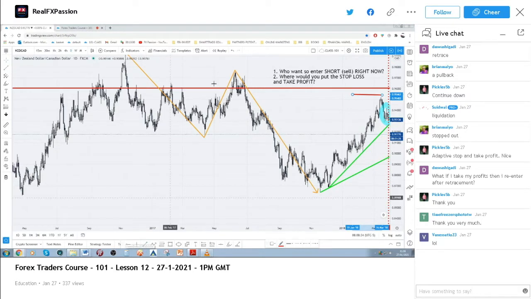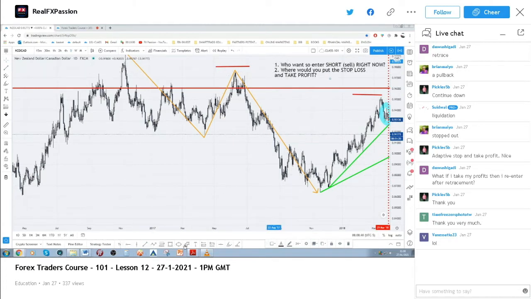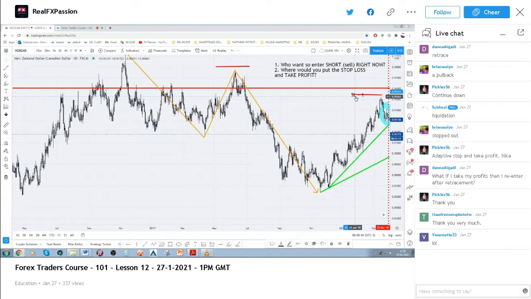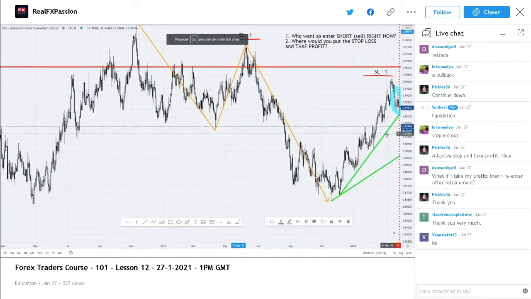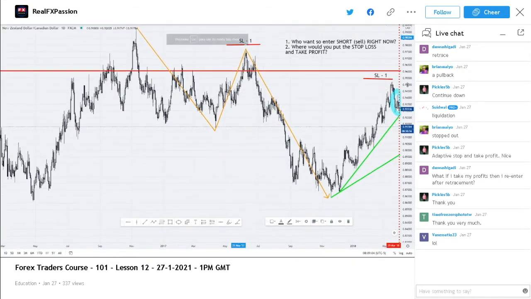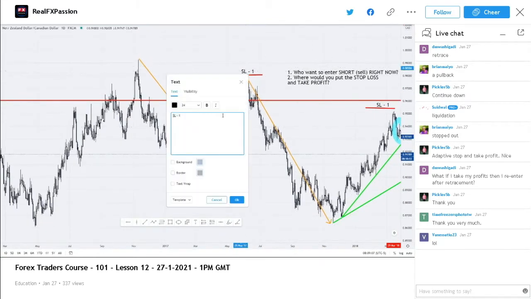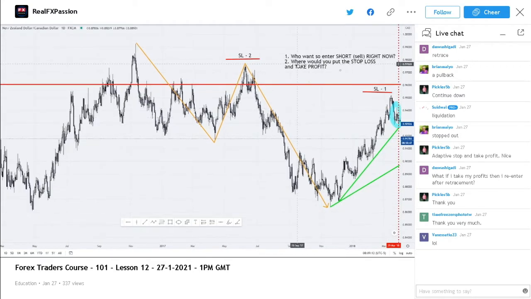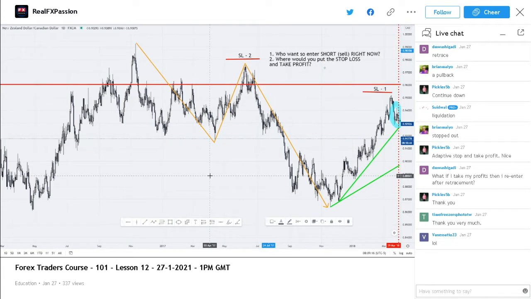Or would you choose stop loss number 2, when going short? So stop loss number 1 is in here. Let me clone, and let's make it bigger. And we have stop loss number 2 in here. So who would enter, and where would you put your stop loss, and where would you put your take profit?